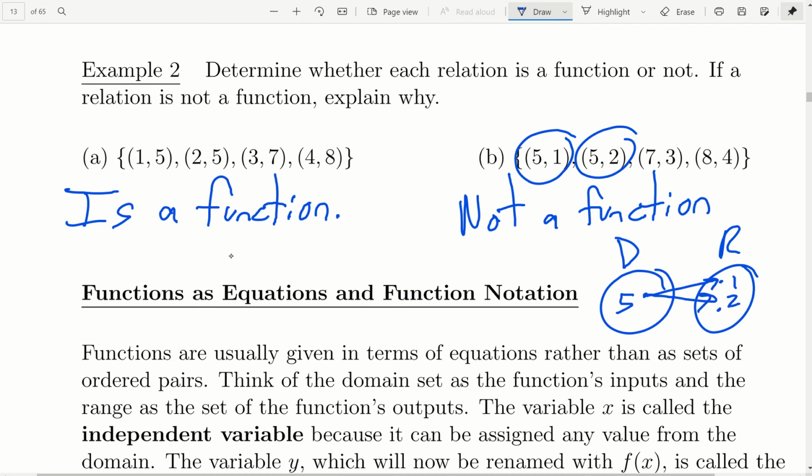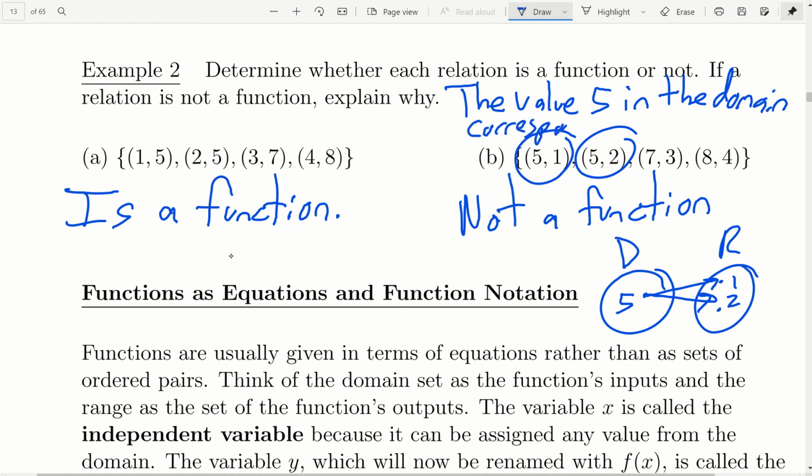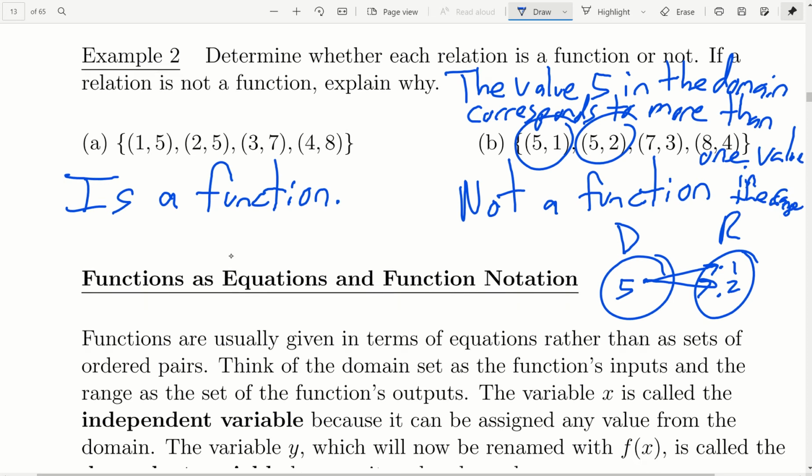We have 5 related to 1, and we have 5 related to 2, and because of that, that will not be a function. The value 5 in the domain corresponds to more than one value in the range. And that's exactly why it's not a function.